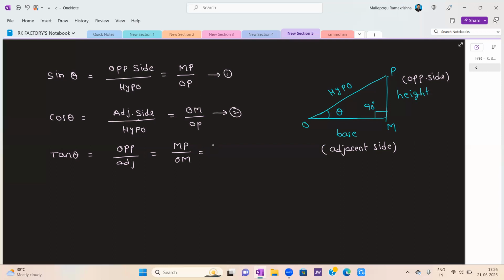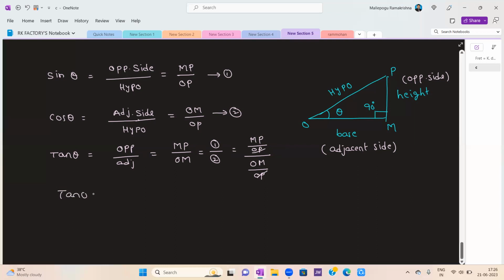If you think, try to do that. 1 divided by 2, what will come? MP by OP divided by OM by OP. Then P cancels. That's why you write tan theta as sine theta divided by cos theta.